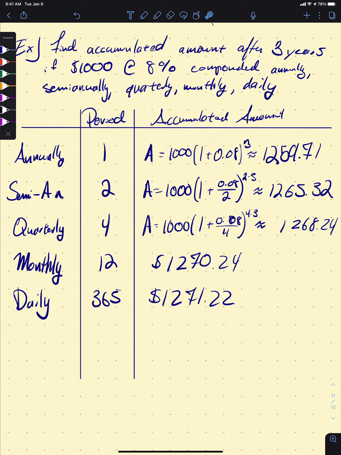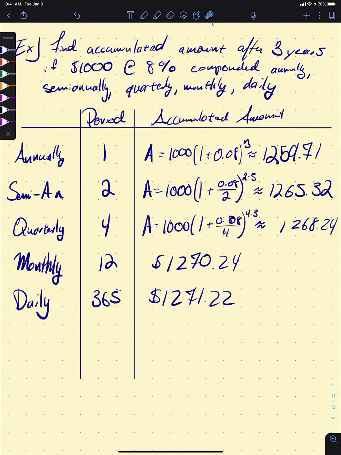But it begs the question, right, of our interest rate here of 8% gave us a different number depending on how often we were compounding. And so, at that point, it's not necessarily the most useful thing, right?